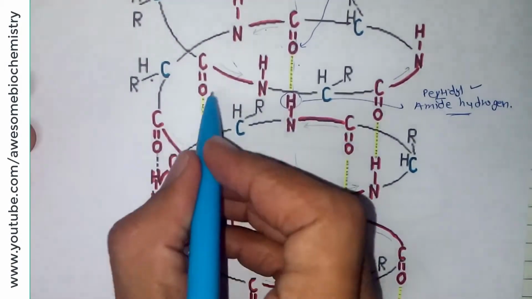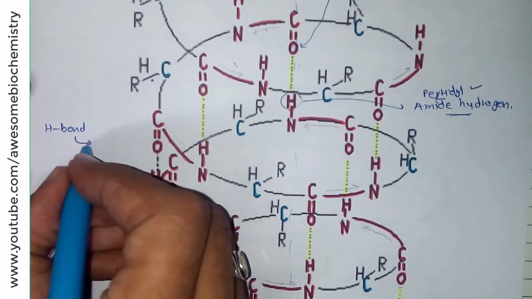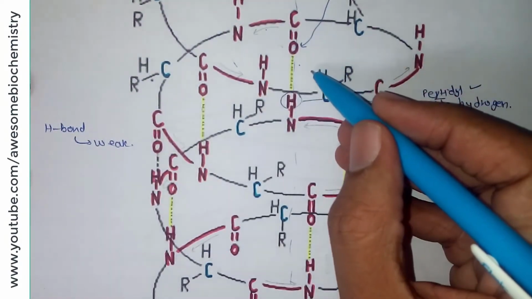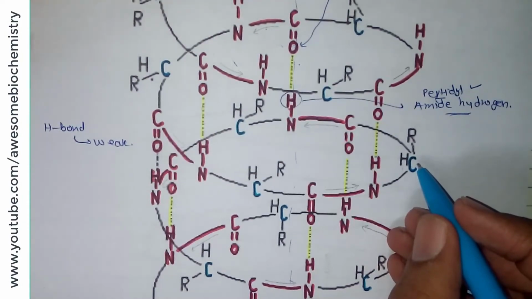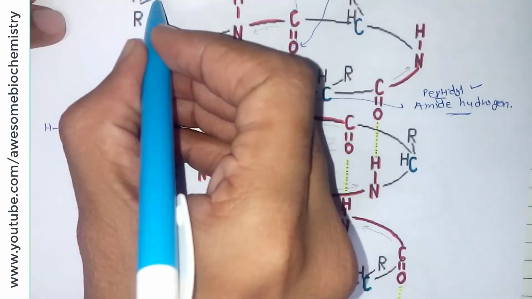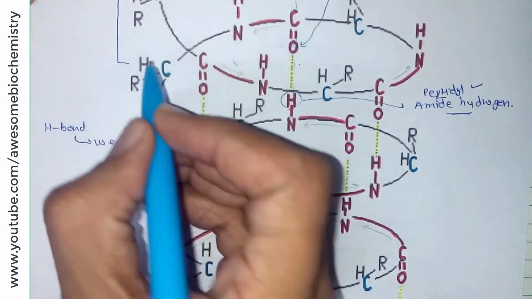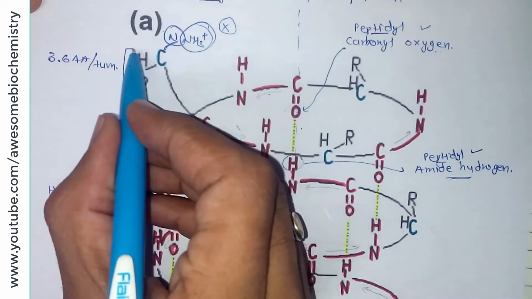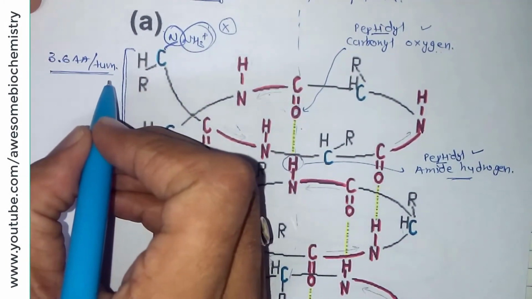Now, last but not least, each hydrogen bond is weak. Hydrogen bonds are not strong ones. Hydrogen bonds are weak, but collectively they are so strong that they maintain this rigid alpha helical structure. Now, if we talk about the dimensions of this alpha helix, then we can find that each turn, suppose you consider 1 turn, a 360-degree rotation, there is approximately 3.6 amino acids per turn, right?